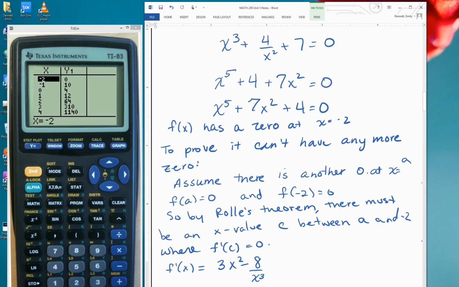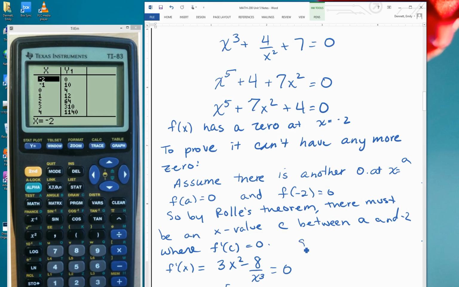If we set this equal to 0, we'd get 3x to the 5th minus 8 equals 0, so x to the 5th equals 8/3. So the only place where this is 0 is at the 5th root of 8/3, which is a positive value. And we're saying this happens somewhere on a negative value.